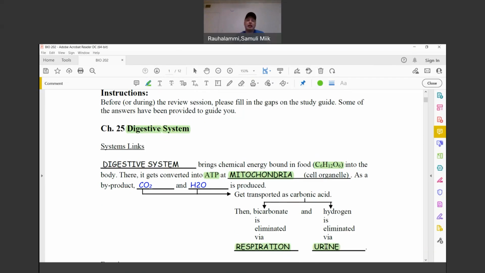So those are really the connections between all these systems, how they work together. So it's just putting concepts together and remembering a more global approach than looking at one system at a time.